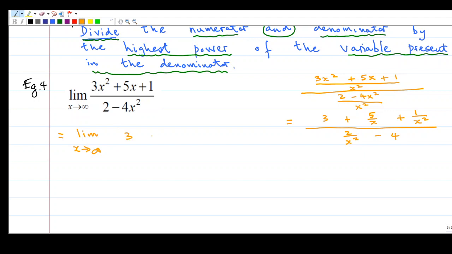So that's 3 plus 5 over x plus 1 over x squared, all divided by 2 over x squared minus 4. Now I take the limit as x approaches infinity of each term in the numerator.